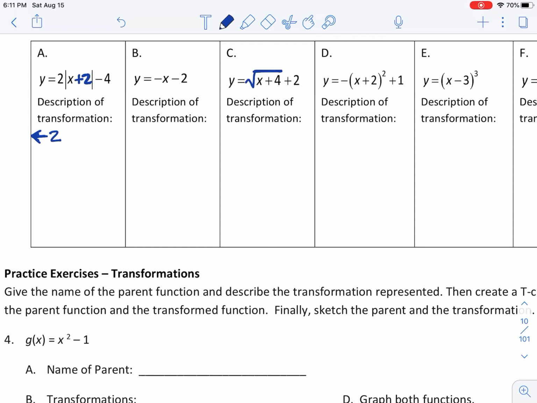That's like being inside parentheses, just like over here, it was inside absolute values. And this has a +4 on the inside. If it's inside, it's doing something to my x, and I'm always looking for the opposite of my x. So it moves left 4.